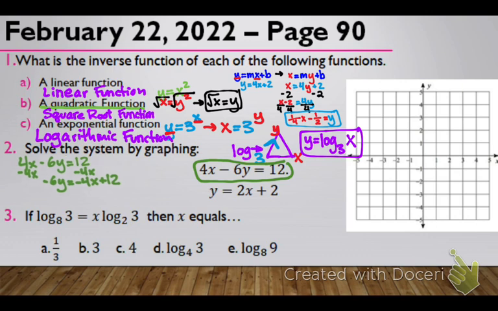What else do I need to do to get y by itself? Yeah, I'm going to divide everything by -6.